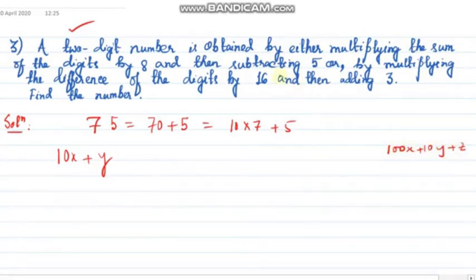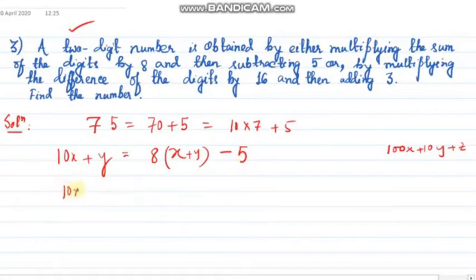Correct? So the 2-digit number is obtained by either multiplying the sum of the digits by 8 and then subtracting 5. So what we are doing, the sum of the digits, I am multiplying it by 8 and then subtracting 5. Correct?